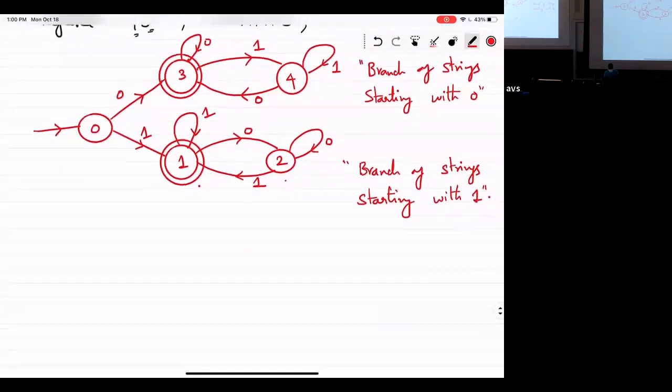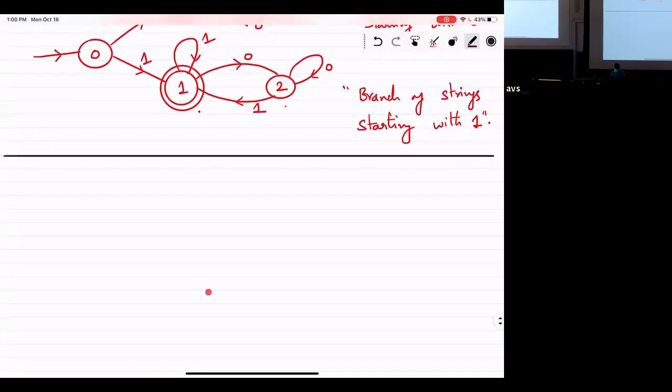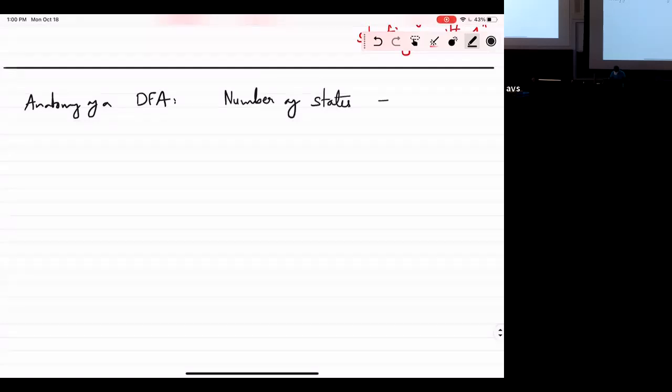Okay, so let's do a quick recap of what DFAs are. The anatomy of a DFA: what are the main pieces that go into it? You have the number of states, which we've been denoting as C, and it's a finite thing.